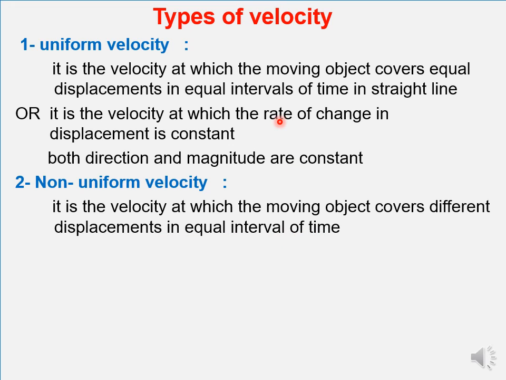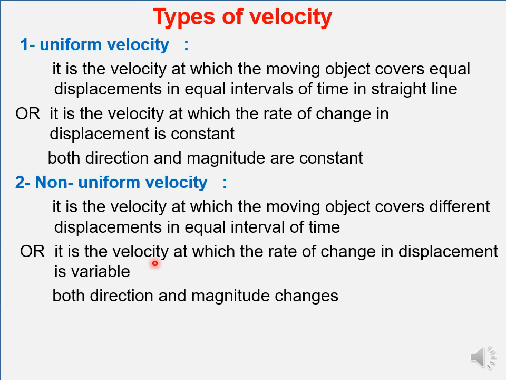So in uniform velocity the object covers equal displacements in equal intervals of time, but in non-uniform velocity the object covers different displacements in equal intervals of time. Or it is the velocity at which the rate of change in displacement is variable. Both direction and magnitude change.